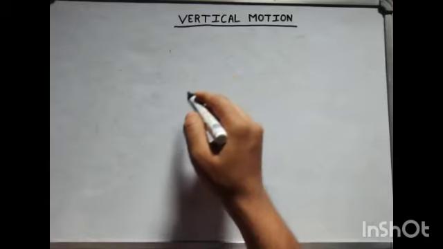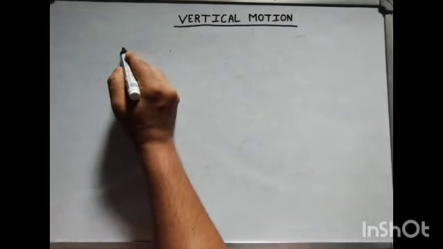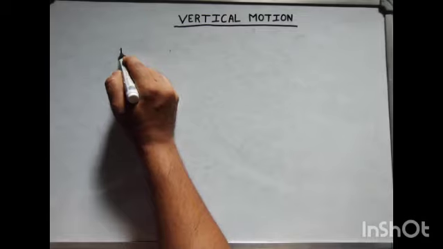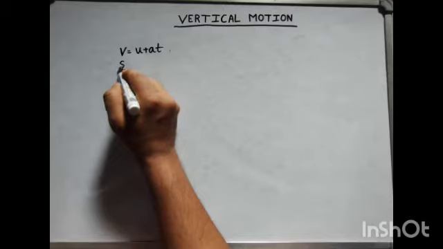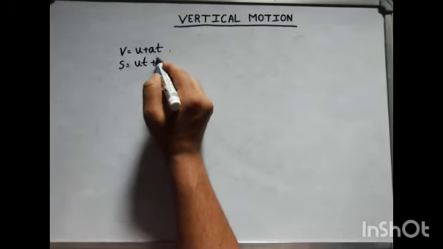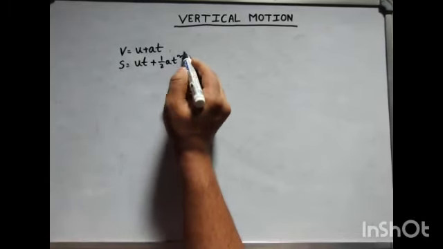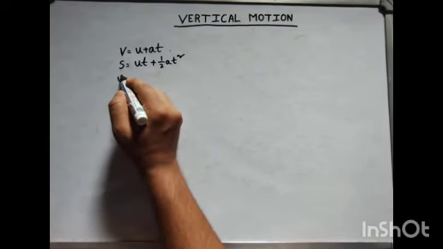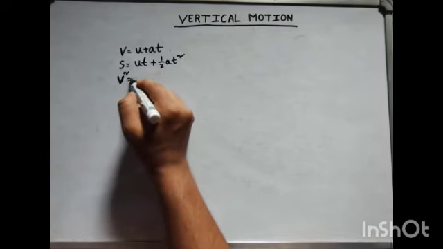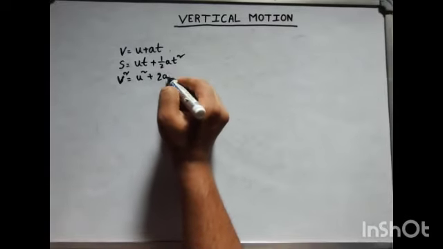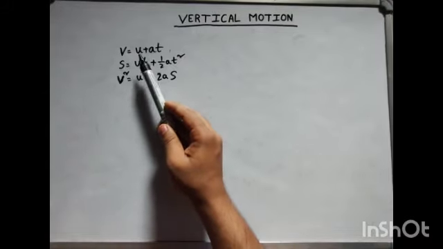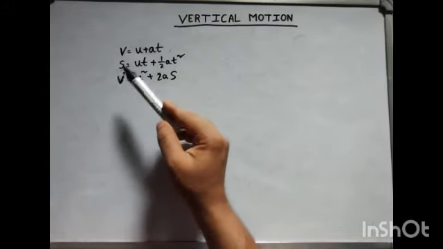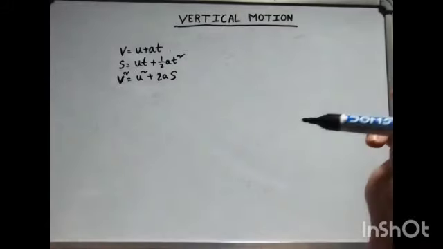Okay, today we will learn about vertical motion. We have learned three formulas, that is v equal to u plus at, s equal to ut plus half at square, and v square equal to u square plus 2as, where v is final velocity, u is initial velocity, t is time, and s is the displacement.